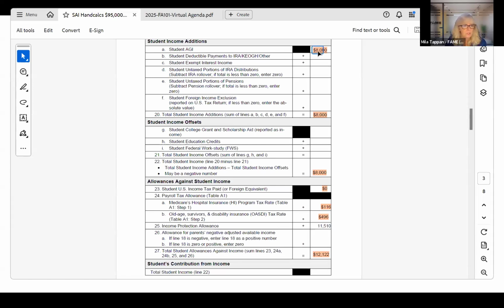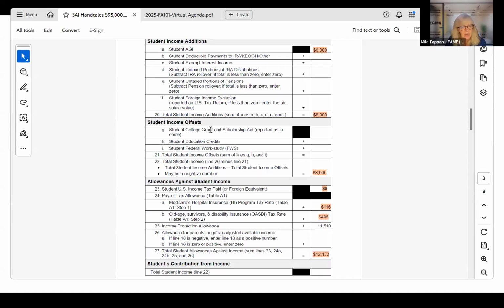So in that scenario, the student would have to pay taxes, or be at least looked at to pay taxes, on that full $10,000. But here they could list $3,000 of those earnings were from work study. And then guess what? We would be reducing the amount of income that we were looking at. So we would not be using the $10,000 that the student earned. We'd only be using the $7,000 that was earned in non-work study related work. Okay? So that's how that offset works.